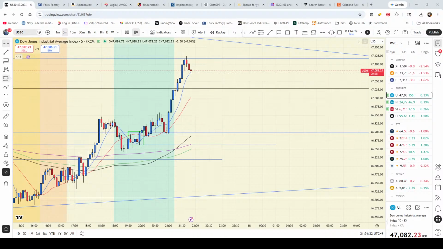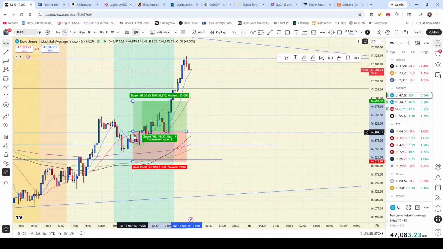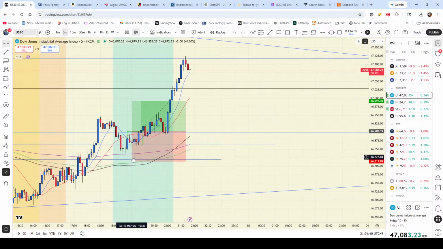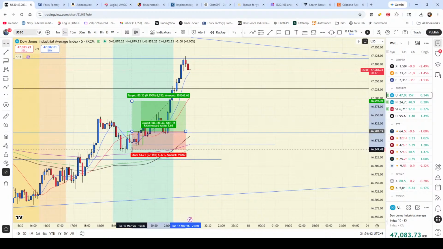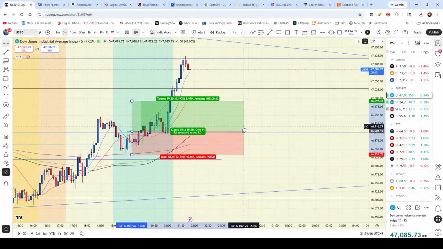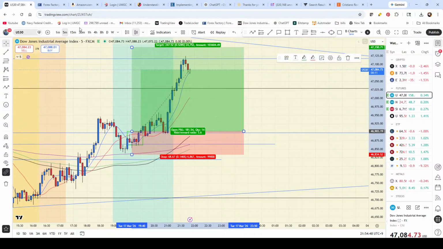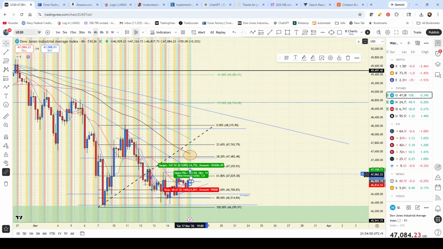And then let me go ahead so I give y'all a better visualization of what my overall aim is. This was my initial entry. My overall aim is this, right?